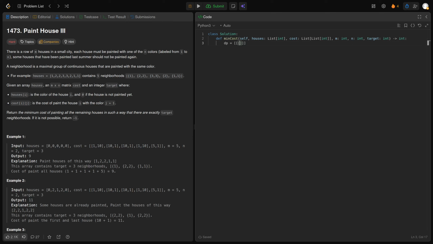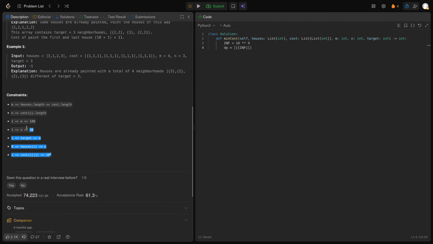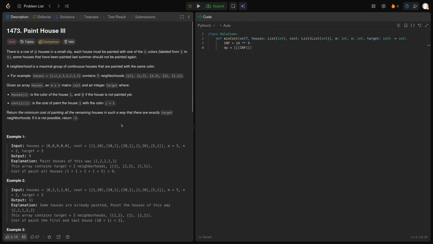So I think we need to define the infinity. So let's do what are the costs. 10 to the 4 times 100 houses, 10 to the 6, so that's okay. Number of colors, number of neighborhoods, so that's like target plus 1, and number of houses, and then dp for colors.